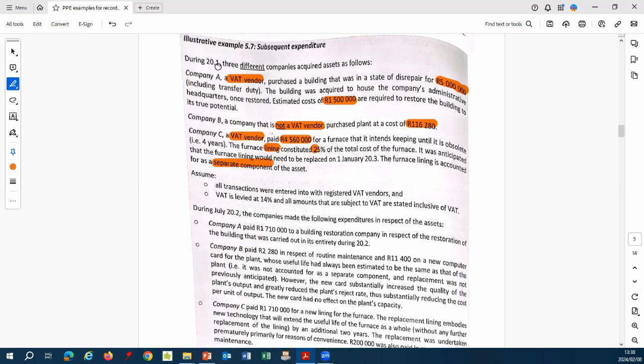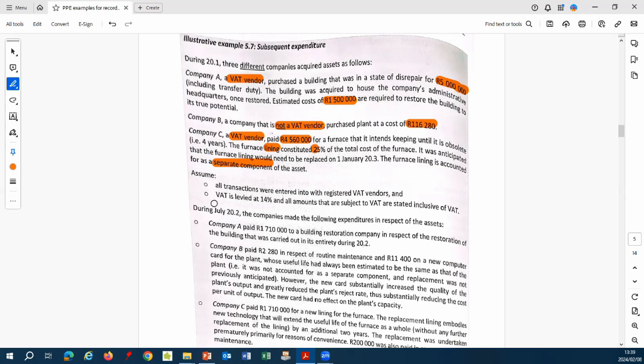So that indicates that the furnace lining only has a useful life of 2 years, which is very different to the 4 years. With that information, you would also be able to conclude that you would have to account for it as a separate component. So you wouldn't need to be told that it would be accounted for as a separate component.